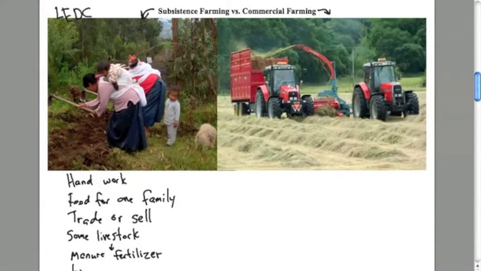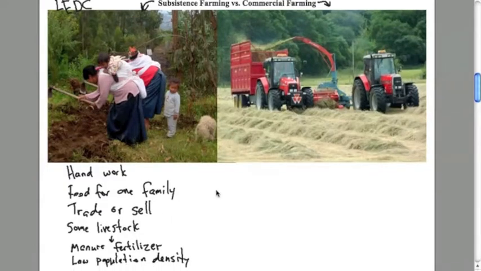Ideally, it works best in low population density areas. That means there are very few people but a lot of land. However, and unfortunately, a lot of times this is not happening in that kind of place anymore, or where this used to be happening are now often the places that have some of the quickest growing populations around the world.